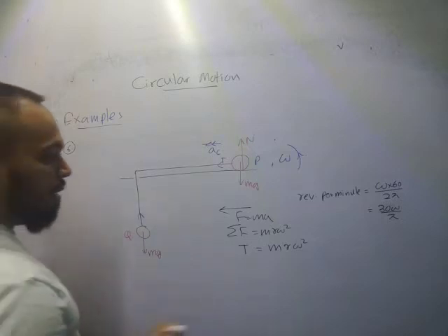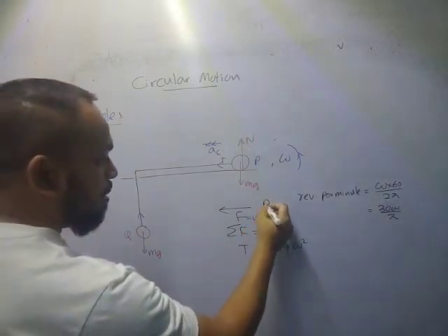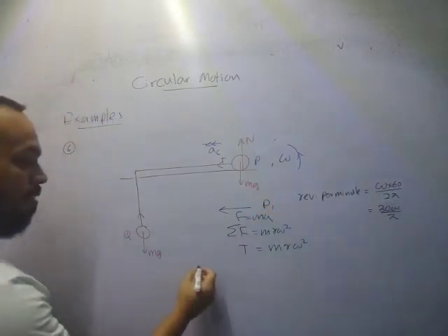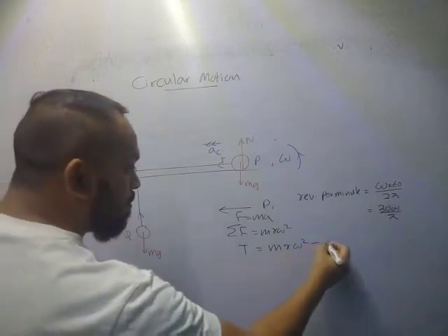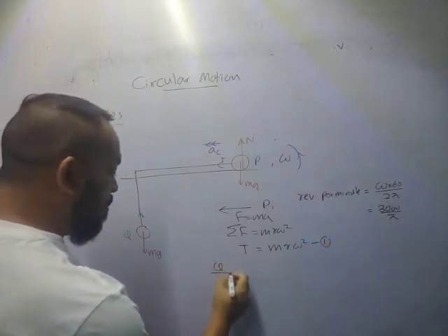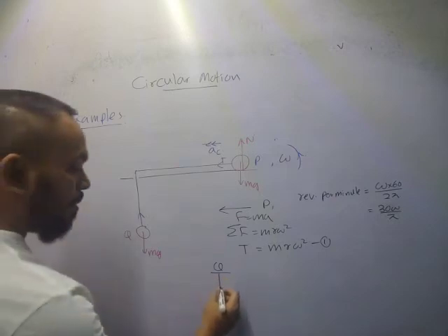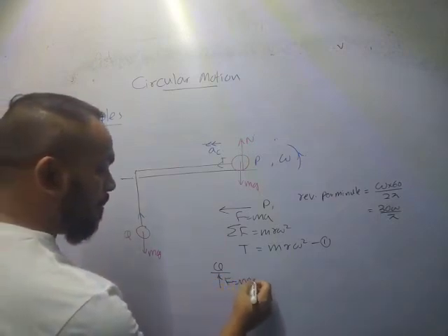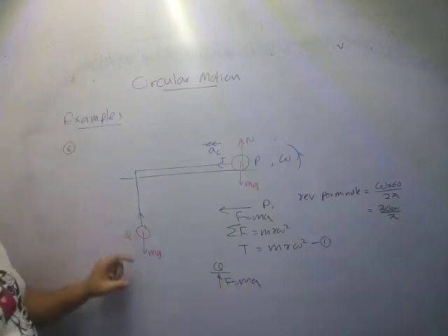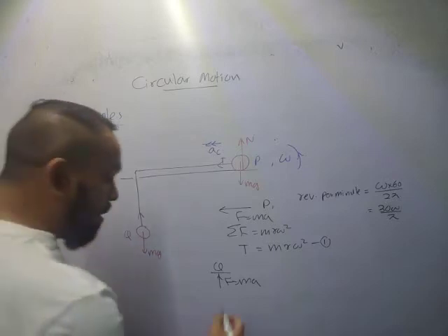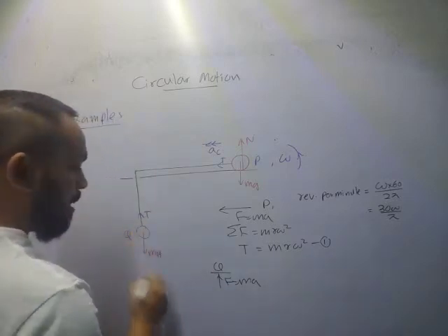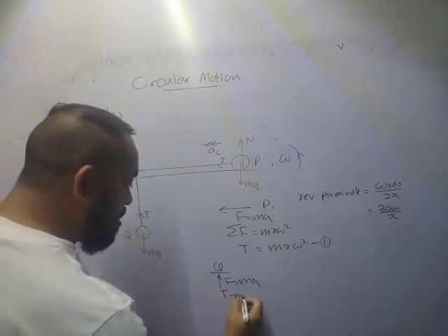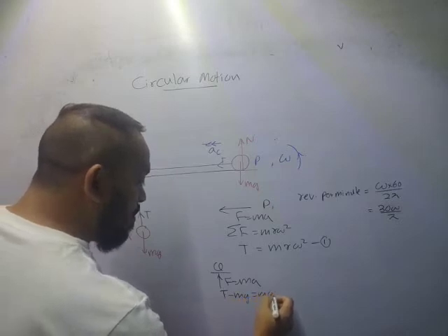That was for particle P. For the Q particle, F equals MA, it should be at rest. So tension T minus mg equals m times 0.